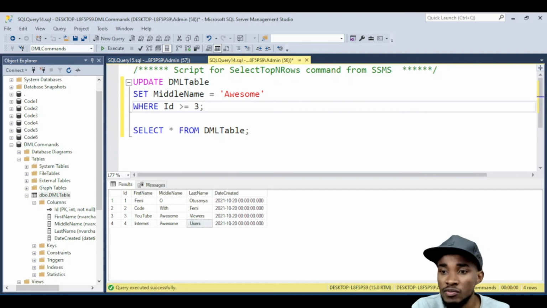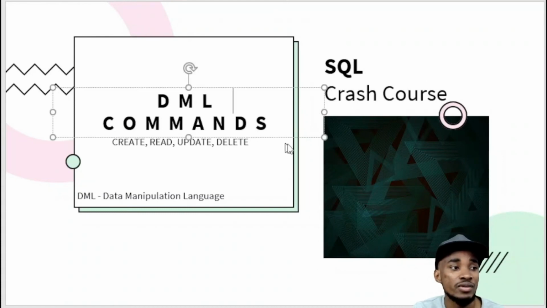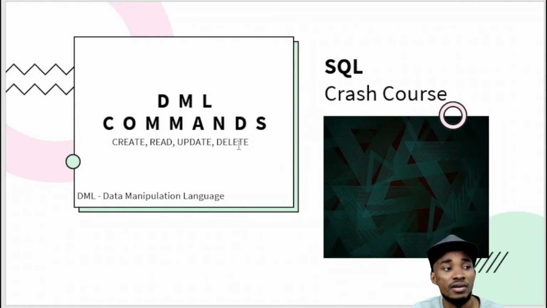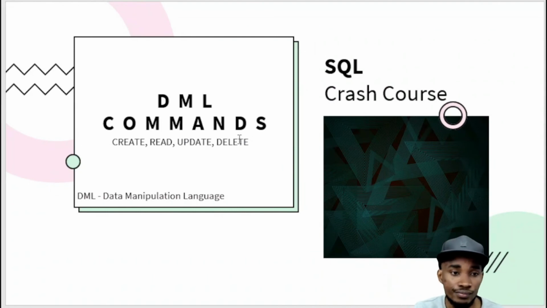So let's move on to the final one, which is delete. Delete is a command you run to remove a record from your DB table. So let's go back.